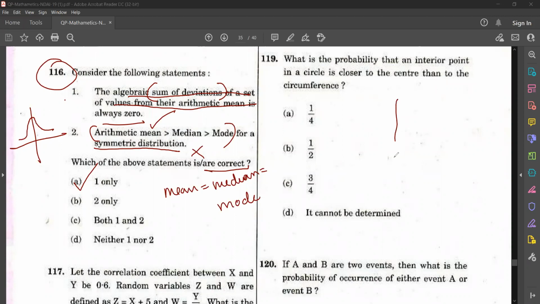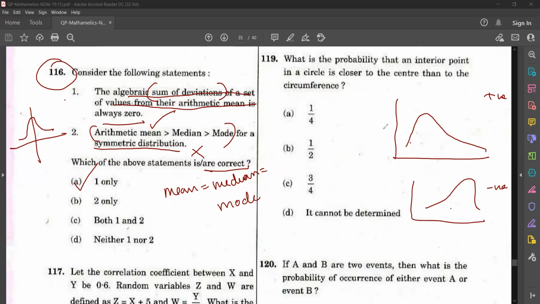Then we have positively skewed and negatively skewed. Positively skewed means like this. Negatively skewed means the graph would be like this.